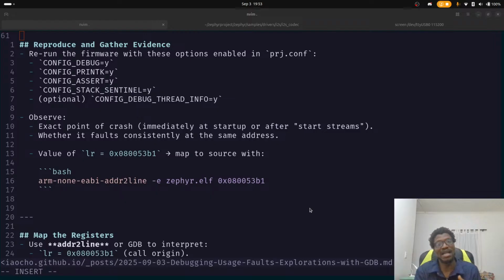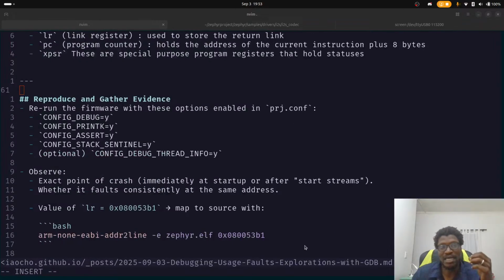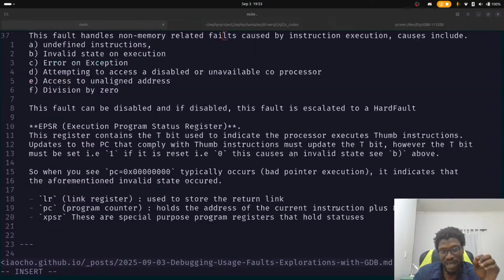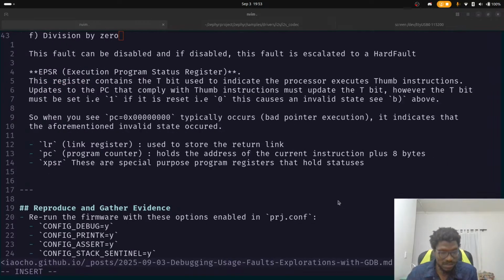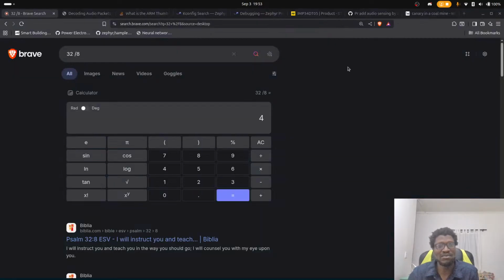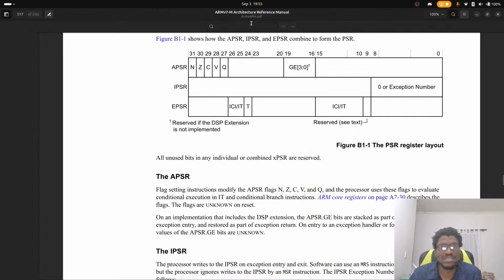But what Zephyr allows us to do is basically walk all the way to where that function is. So we can walk all the way to the calling register. Okay, so the LR is a calling register, if I am right.